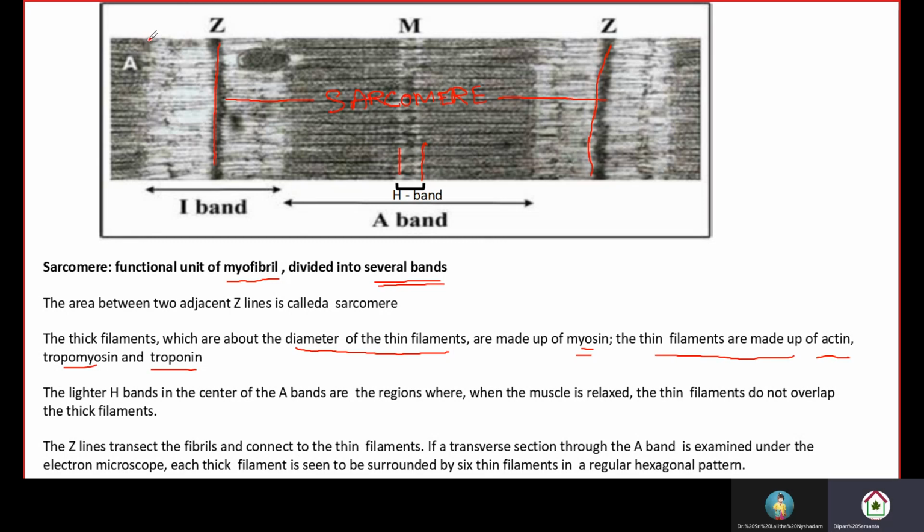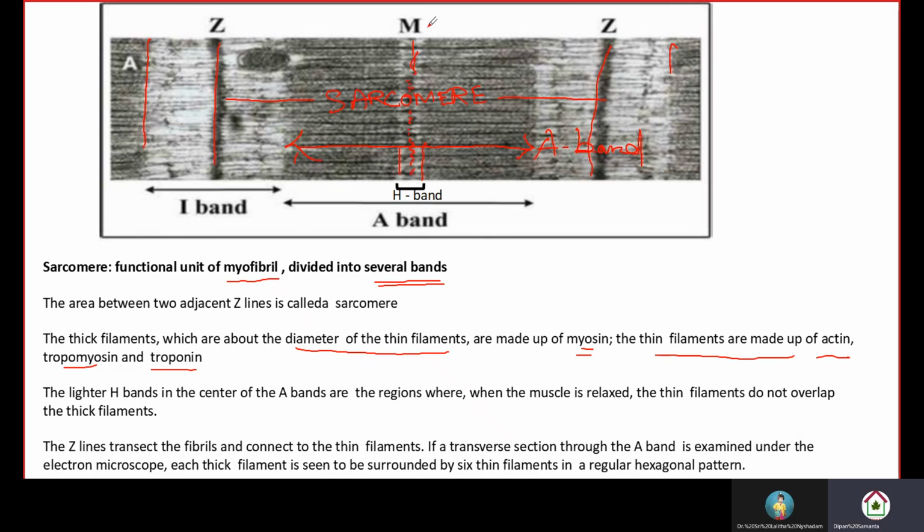A band is from here to here. No, sorry, A band is from here to here. This is A band, and in the center of A band is M line. You see this black colored M line.